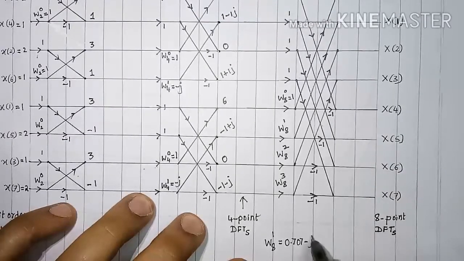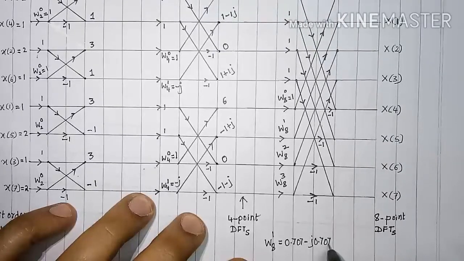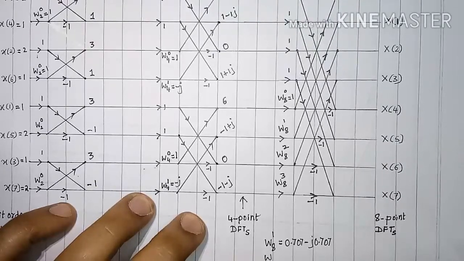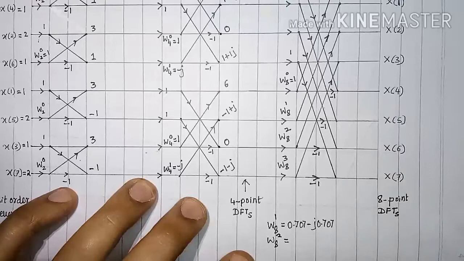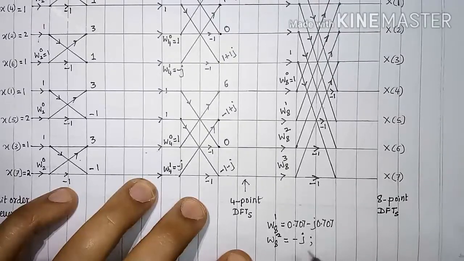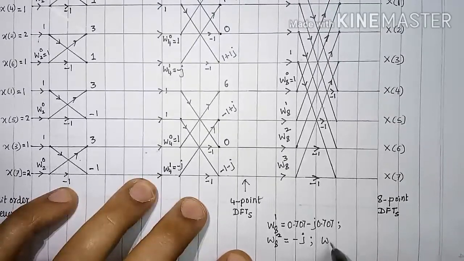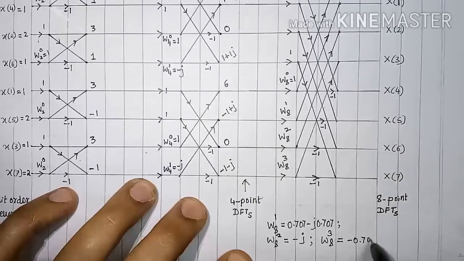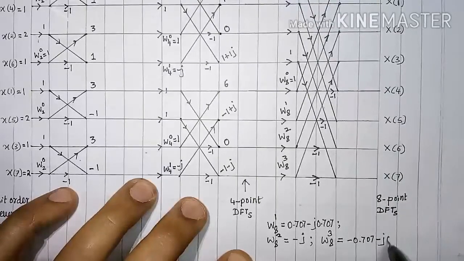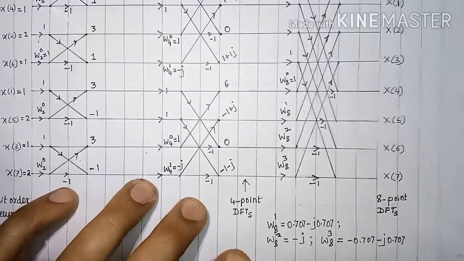0.707 minus j 0.707, then W8 raised to 2 equal to minus j, W8 raised to 3 equal to minus 0.707 minus j 0.707.